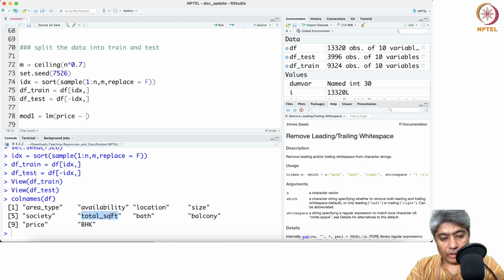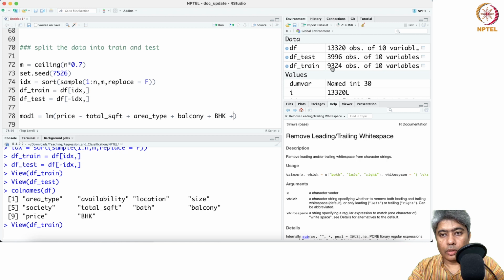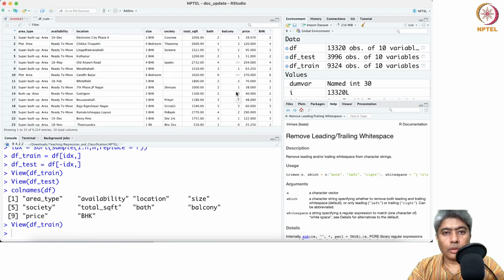Price on total square feet plus area type plus balcony plus BHK plus bathroom.